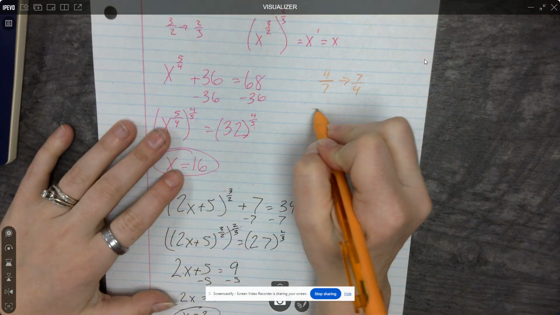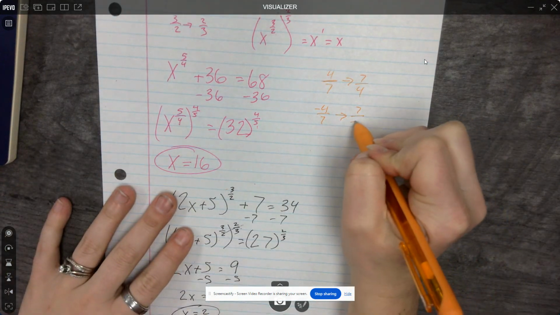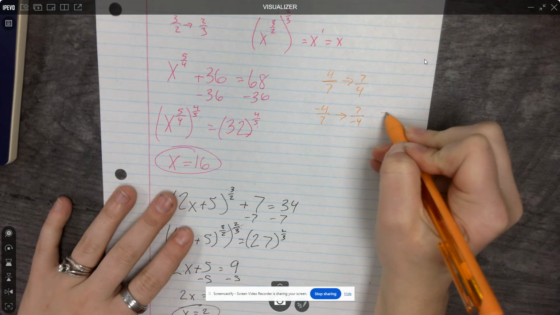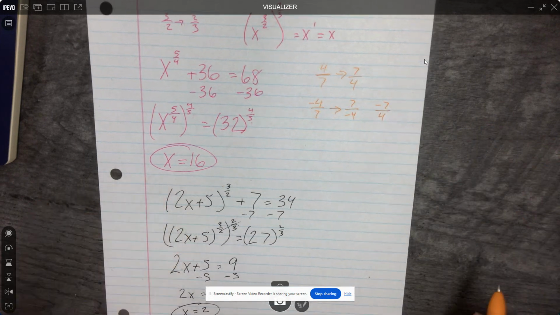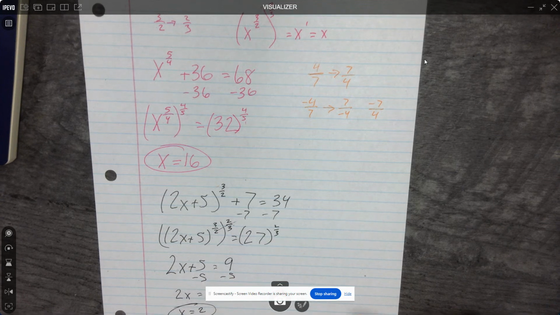So if I had negative 4 over 7, the reciprocal of that is 7 over negative 4, which is the same as negative 7 over 4. So the reciprocal does not affect a positive and negative, all right? It's still a negative if it was a negative before. It's still a positive if it was a positive before. It just flips your numerator and denominator, switches where they are, okay? That's all you need.